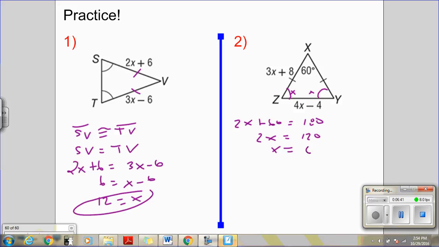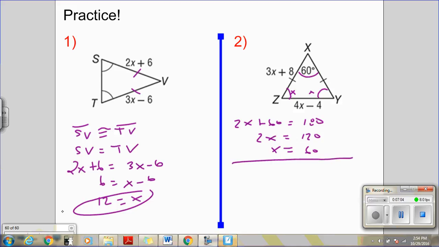So x equals 60. So this is an equilateral triangle because all the angles are 60 degrees. So since this is an equilateral triangle, that means all the sides are the same. I probably shouldn't have called my angles x, but oh well.